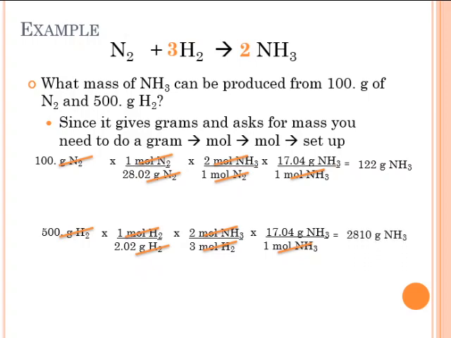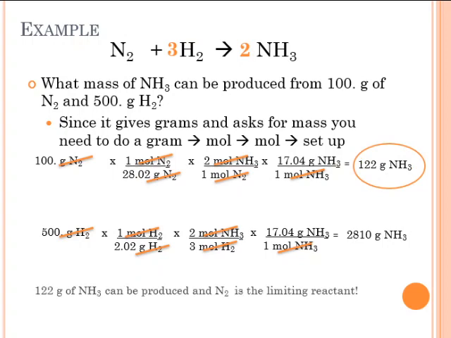And you divide by anything on bottom, multiply by anything on top, and you'll get 2,810 grams of ammonia. Now we can compare grams to grams because we're in the same molecule, okay? So now which one is the least? 122. That is my limiting reactant, okay?